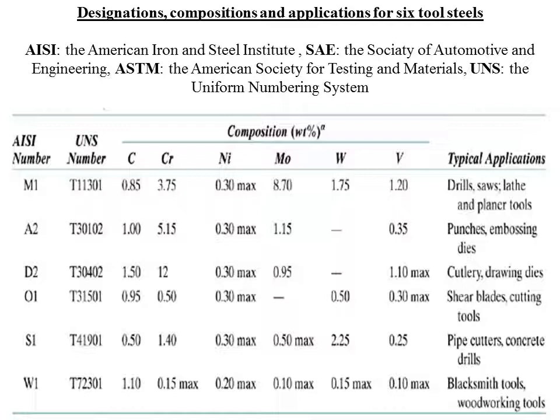Typical applications are different dies, punches, and embossing dies. O1 is used for shear plates and cutting tools. S1 is used for pipe cutters and concrete drills. W1 is used for blacksmith tools and woodworking tools.